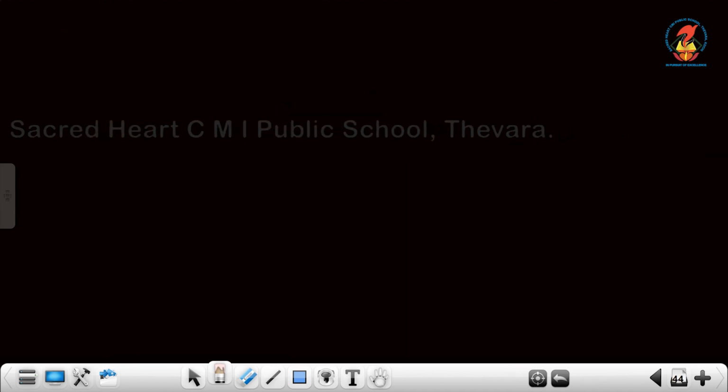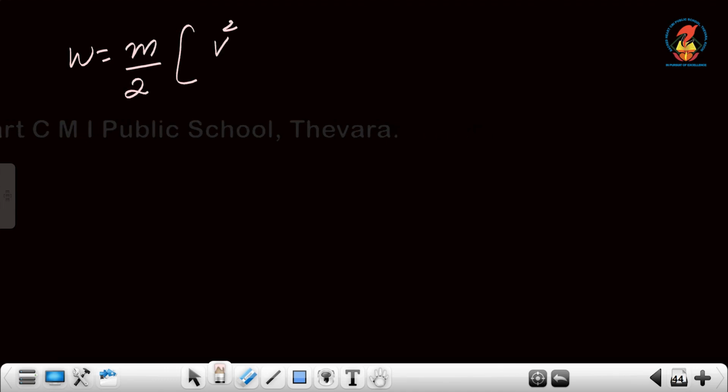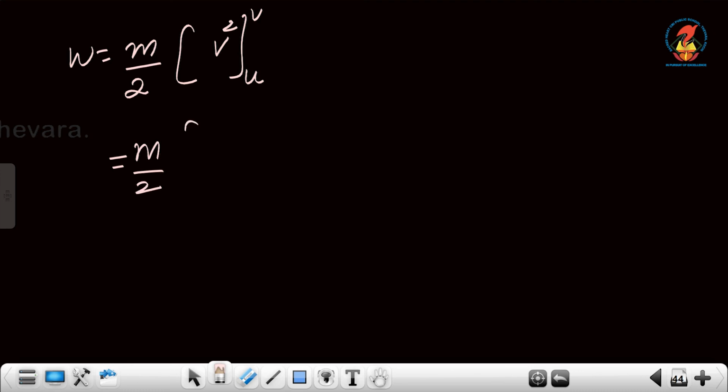Now, how to apply the limit? It is equal to m by 2 v square within the limit u to v. How will I apply the limit? It is upper limit minus lower limit. So, m by 2 into upper limit, that is v, minus lower limit, where instead of v you write u.